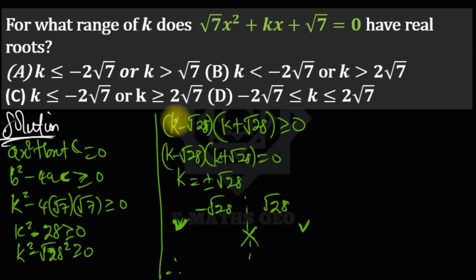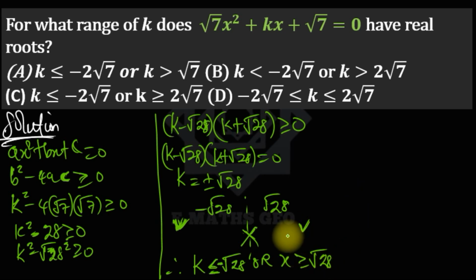Root 50 here is positive, root 50 here is positive, so this gives positive times positive. So our answer will be numbers less than or equal to minus root 28, remembering there is an equality sign so equal to 0 is included, or numbers greater than or equal to root 28.